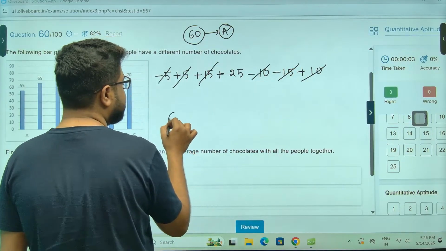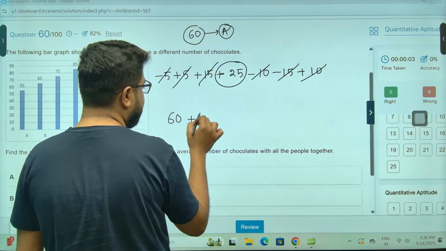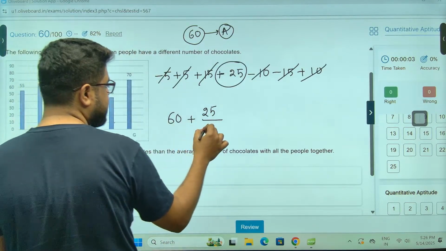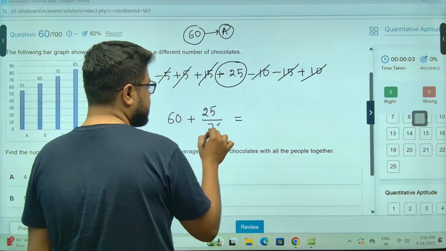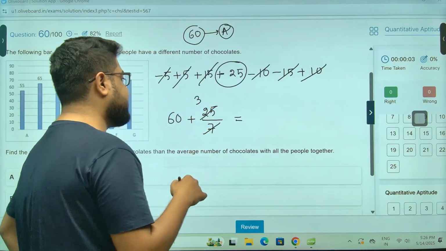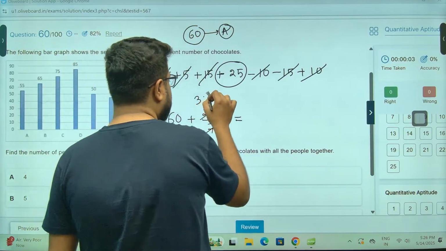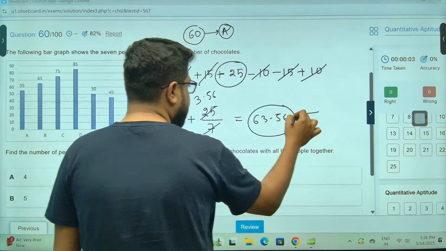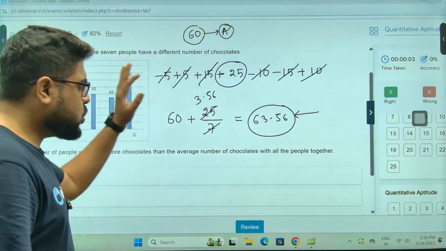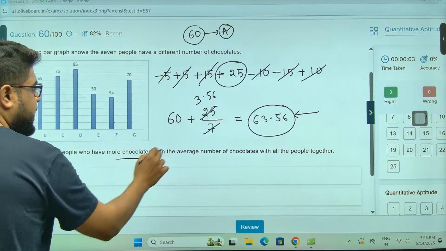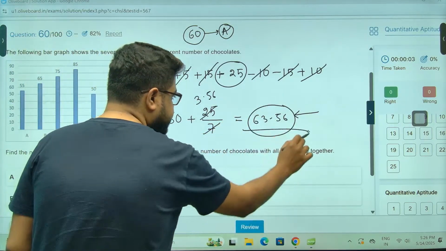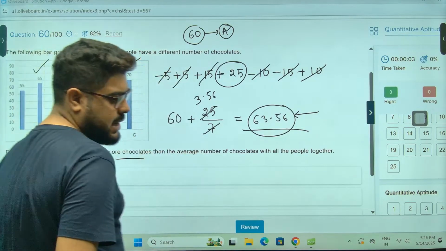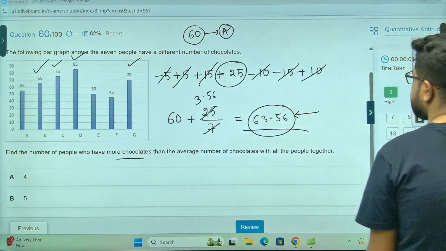My answer will be 60 plus the total deviation of plus 25 by 7. 3 sevens are 21, 4 by 7, 0.56 point something. 63.56 almost. I don't exactly need it. So how many people have more than this many chocolates? This is the average. 1, 2, 3, 4. The answer is 4.